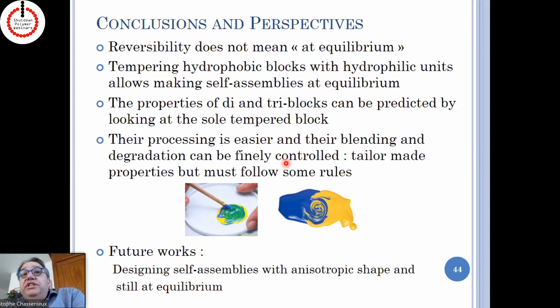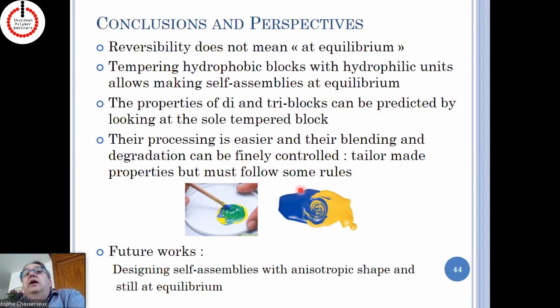One way to achieve self-assembly of block copolymers at thermodynamic equilibrium is to temper the hydrophobic block, decrease their surface tension, by adding some small hydrophilic units inside them. The nice thing is that in this case, you can predict all their properties in terms of aggregation number, relaxation time, by looking at this tempered block.